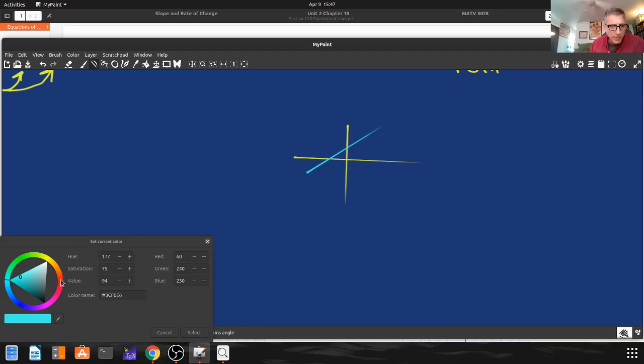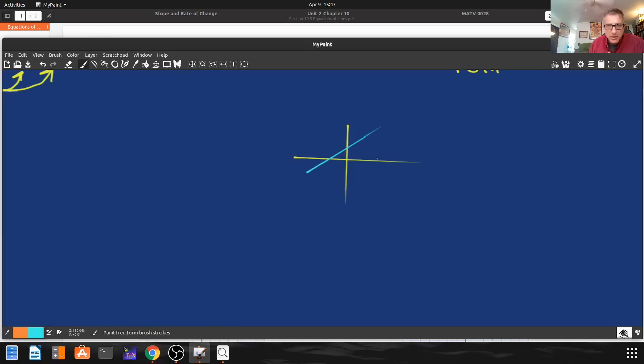Then the point where it crosses the x-axis, which is right here, always has a 0 for the x direction and some value of y for the y direction. And that value of y is simply how much its distance is from the origin. So, good. Let's move on.